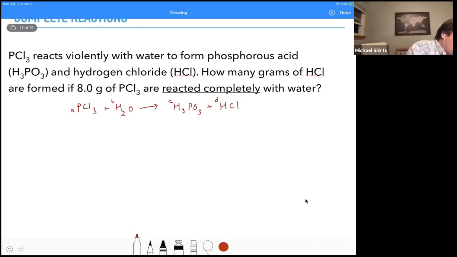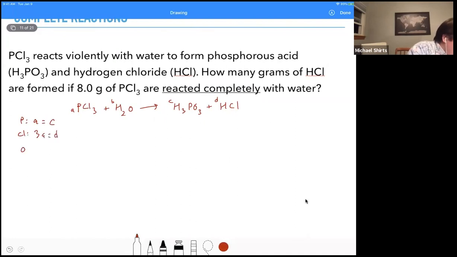For phosphorus, there's one in A, so A equals C, and for chlorine, there's 3 in PCl3, so 3A is equal to D.